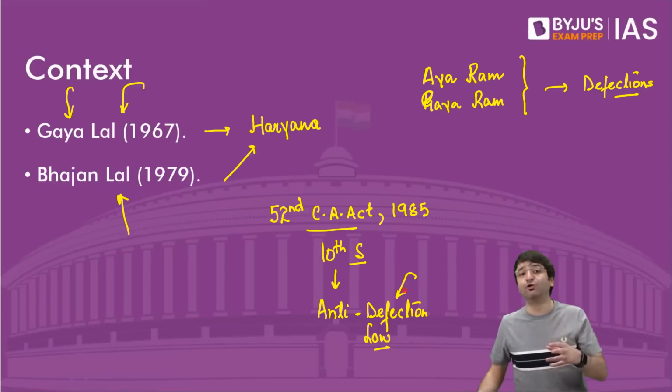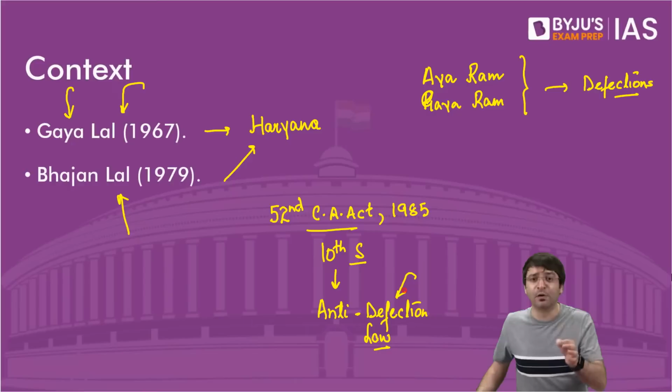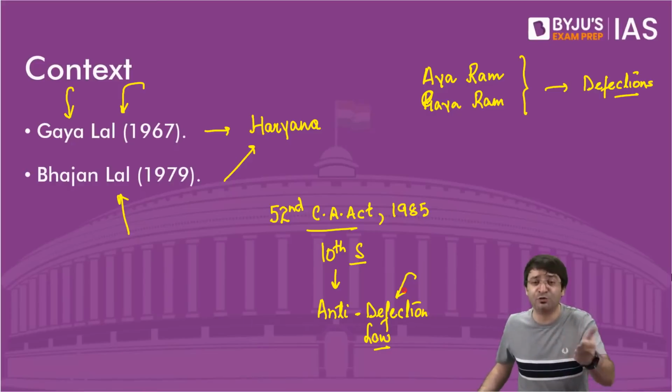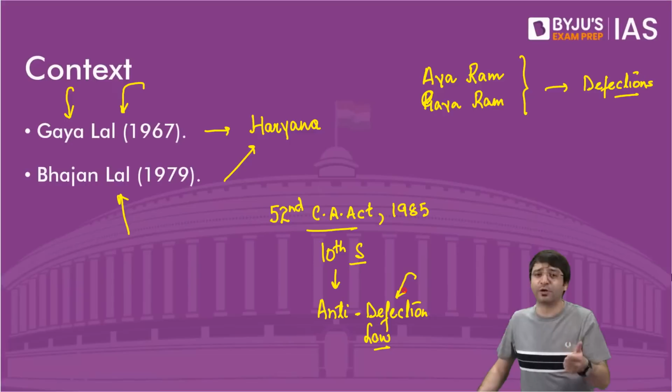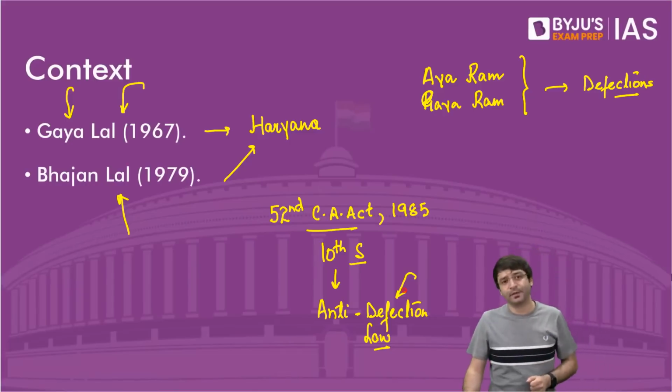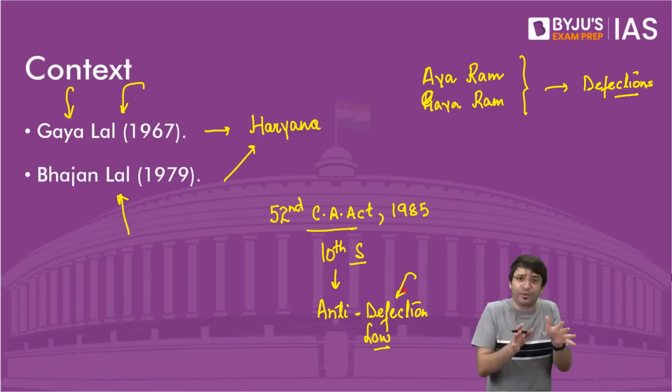This was the need to bring in the anti-defection law in 1985. To make this a tougher law, it was placed in the Constitution so that a new government cannot change it on its own, so that it requires a tougher majority to change these provisions. So this was the need to bring this law.